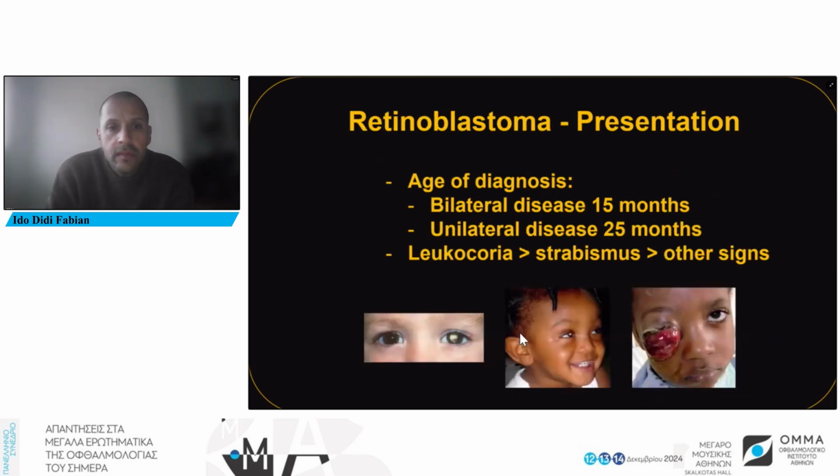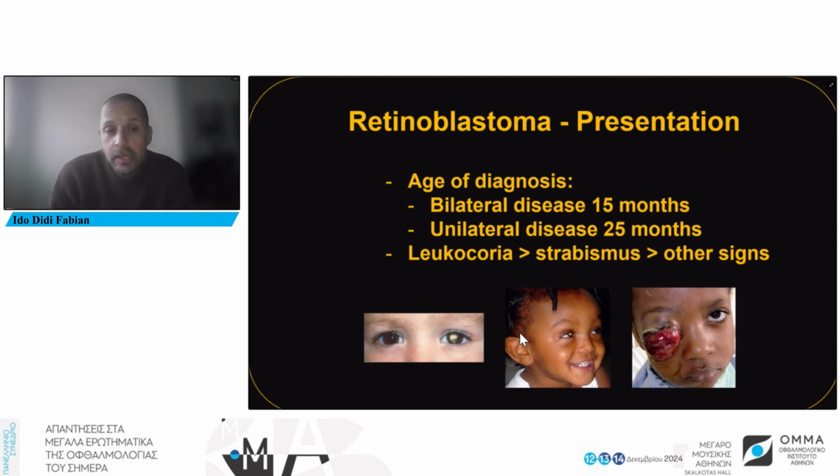In terms of presentation, for bilateral disease, the mean age at presentation is about 15 months, and for unilateral disease about 25 months. We know by definition that bilateral disease is germline. But as I've just mentioned, for unilateral disease, 85% of the cases are non-germline and 15% are germline.